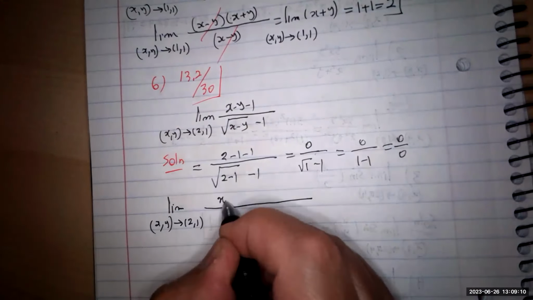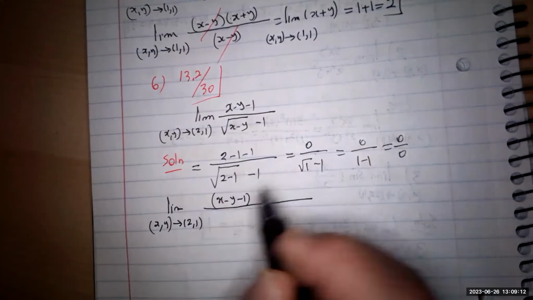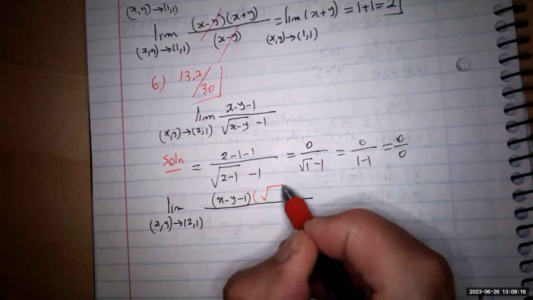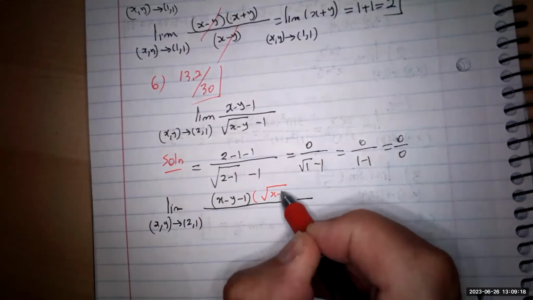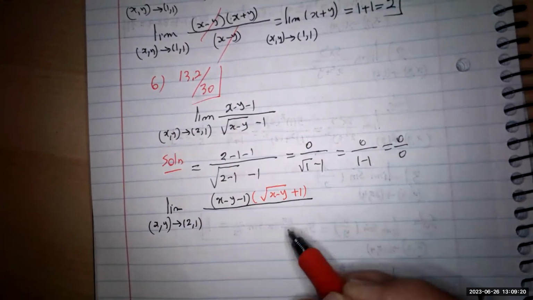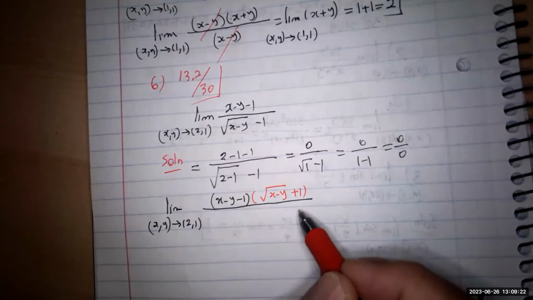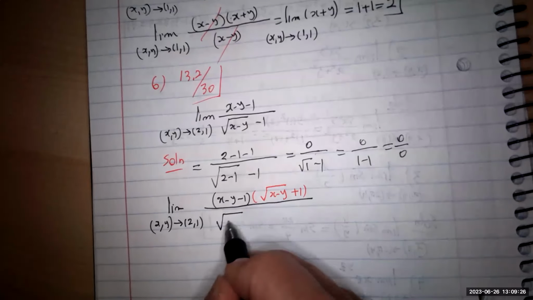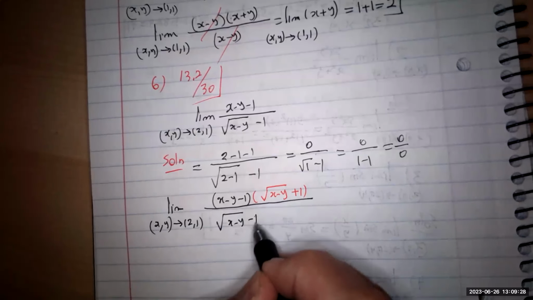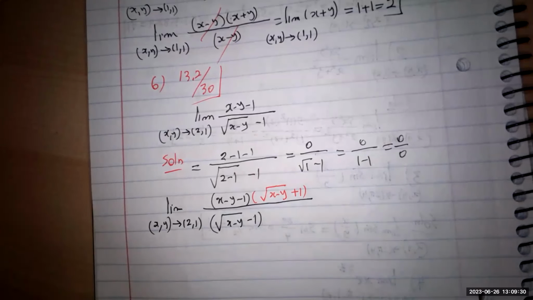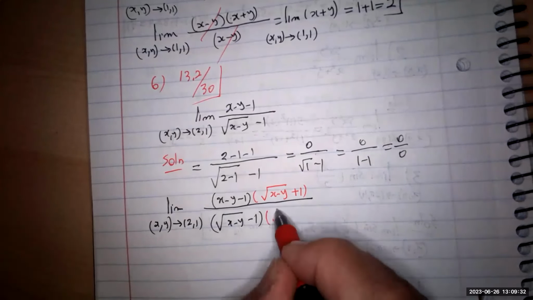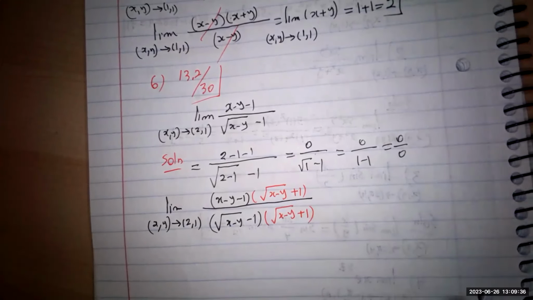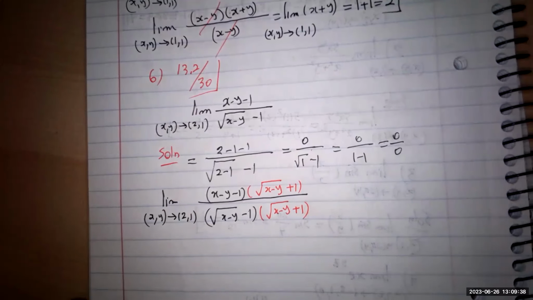You already have the x minus y minus 1 multiplied by the conjugate of the denominator, that's radical x minus y plus 1. You do the same thing to the bottom. The bottom, you have the radical x minus y already. Now multiply by the conjugate, which is radical x minus y plus 1. So you should arrive at the common factor.